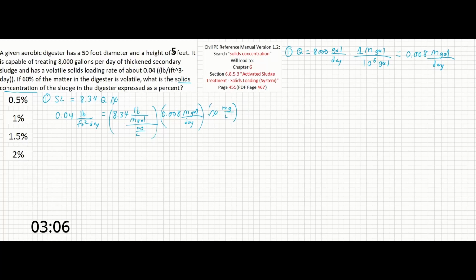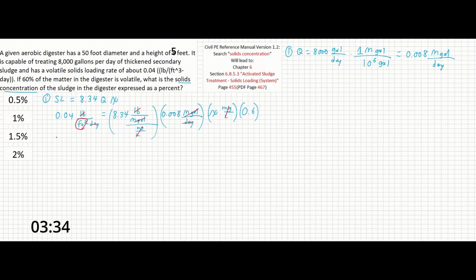And also we can include the 60% number here now as a decimal to account only for that matter that is volatile. So if we start crossing out units, we can see what's missing. The only thing left to solve for is going to be cubic feet.